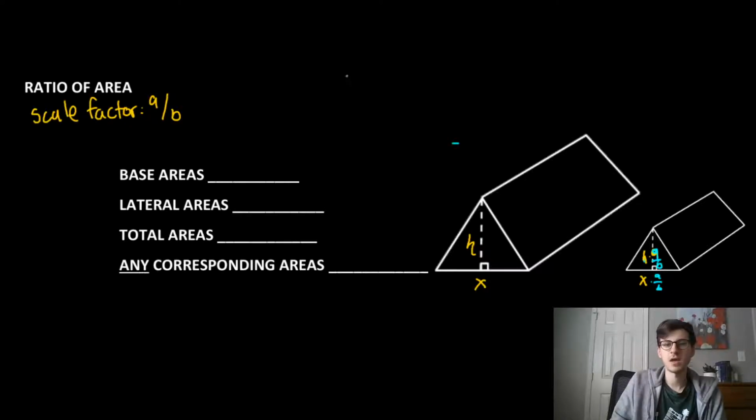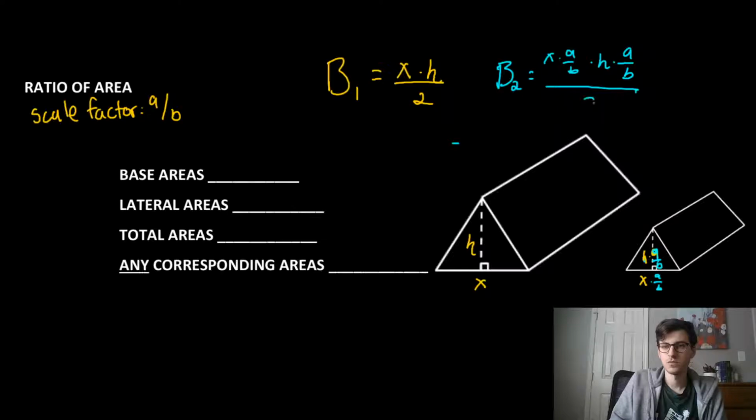So let's write that out. The area of the base, we'll call one base 1, is base times height divided by 2. So X times H divided by 2. And that's the area of base 1. The area of base 2, on the other hand, is X times A over B, that's my base, times H times A over B, divided by 2 still.